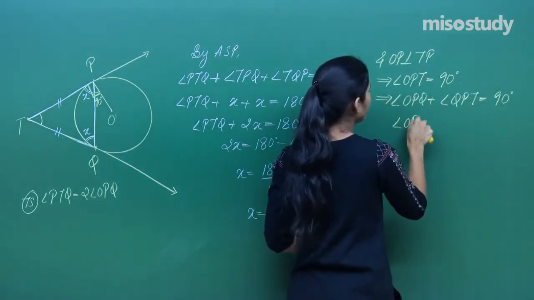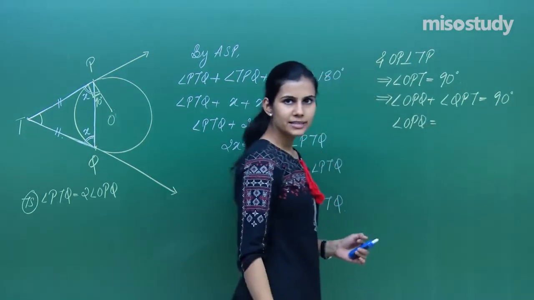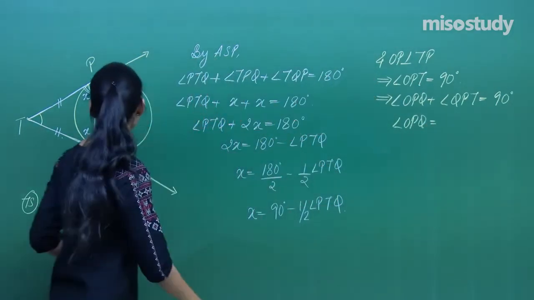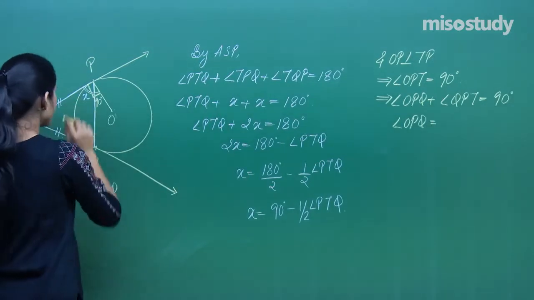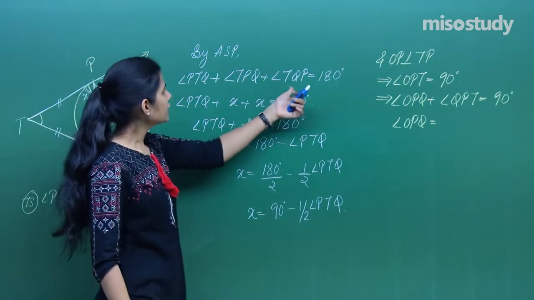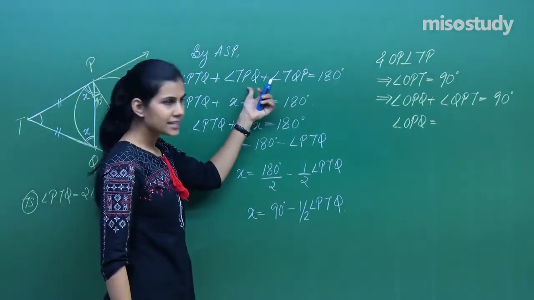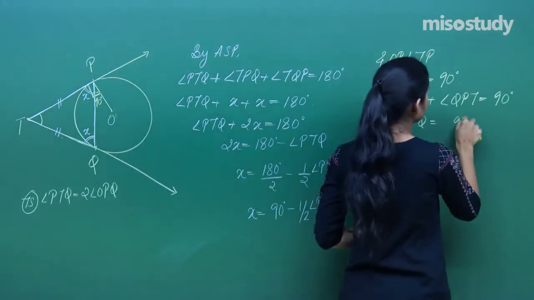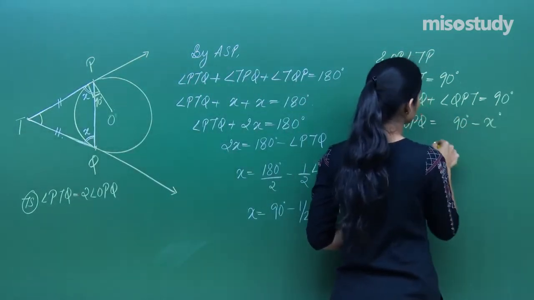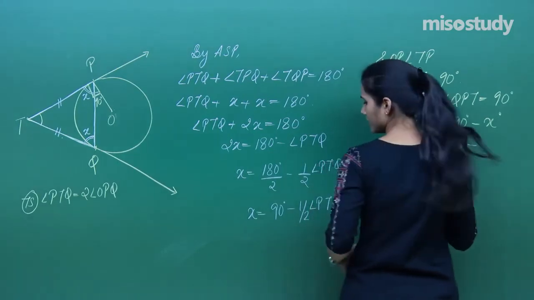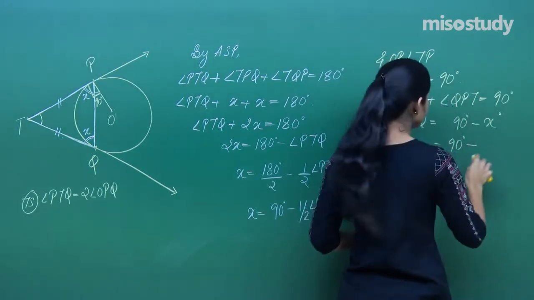So angle OPQ is 90 degrees minus angle QPT, but angle QPT is x. So this is 90 degrees minus x. But what is x? x is 90 minus half of PTQ.